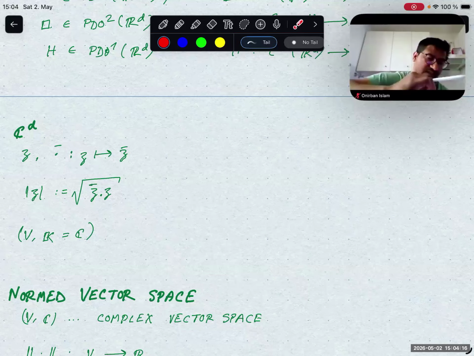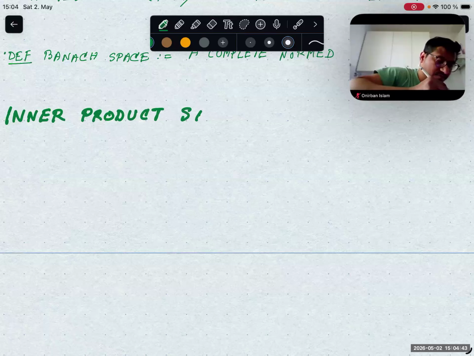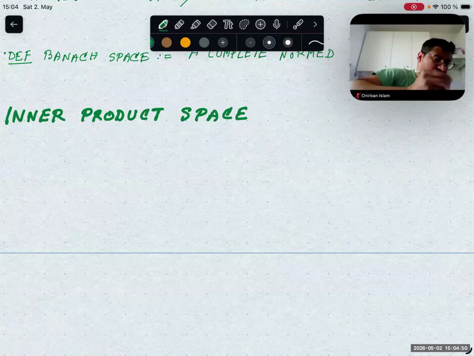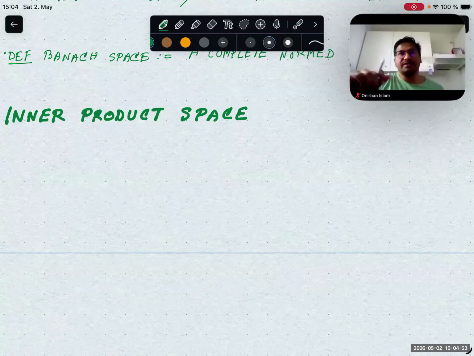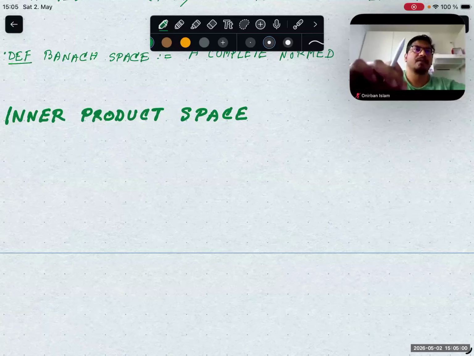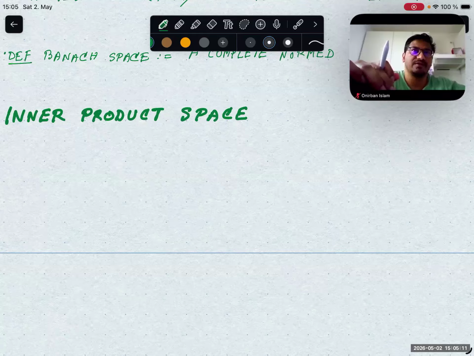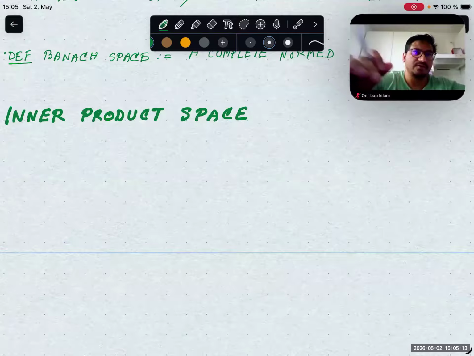Inner product space. All right. As we talked yesterday, although some of the notions can be defined for a more general field, we are concerned only with either complex or real.